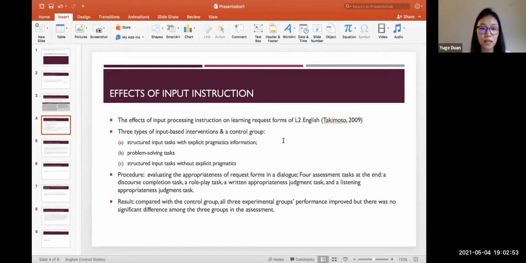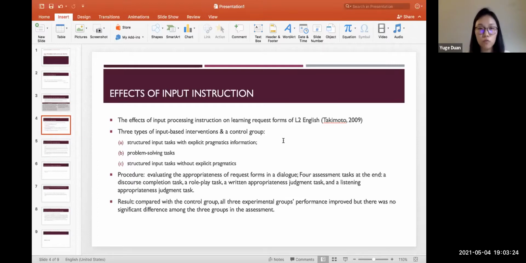In this study, only one speech act is focused on, which is request forms. The study involves three types of input-based interventions. One is structured input tasks with explicit pragmatics information, another is problem-solving tasks, and the third is structured input tasks without explicit pragmatics information.